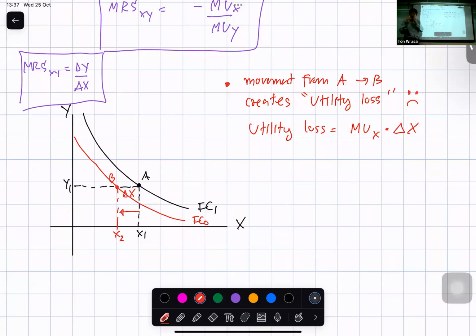For example, if we take away 10 slices from him, minus 10 here, suppose MU per unit is maybe 10, then he lost about 100 utils. That's a numerical example to make you understand what the product represents. It represents a utility loss of 100 utils.